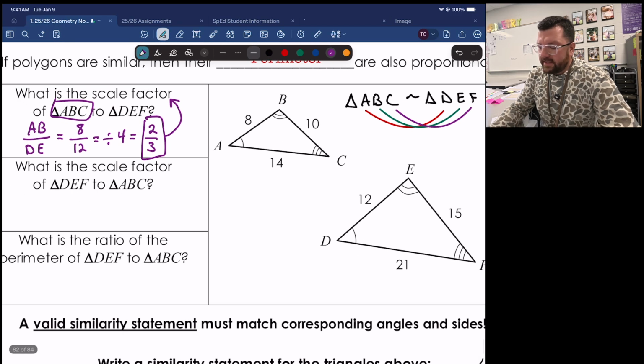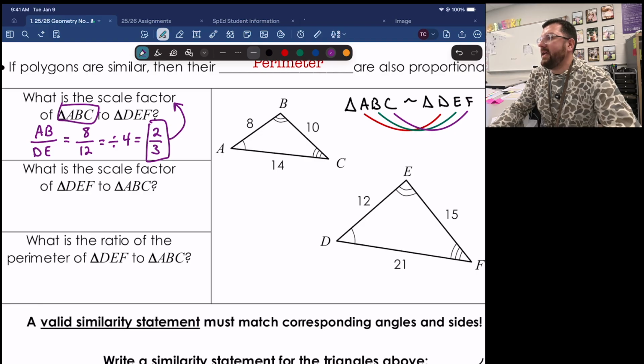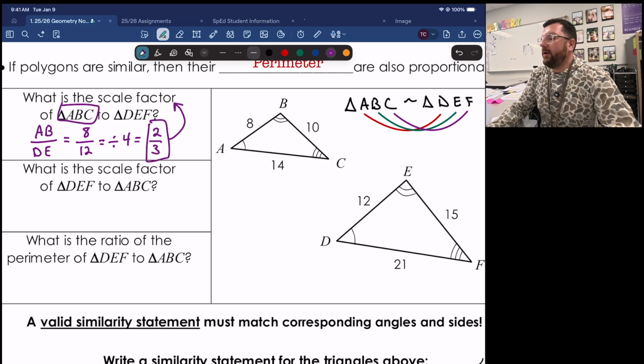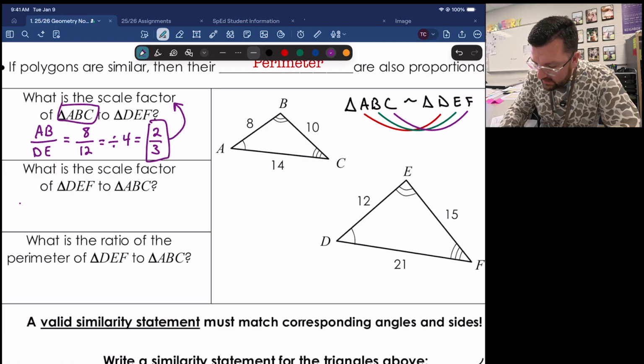So then let's look at that second one. What's the scale factor of DEF to ABC? What do you notice the difference between this question and the one we just did? There you go, I heard it. It flipped them. Triangle number 2 now comes first. So I'm going to write DE over AB.